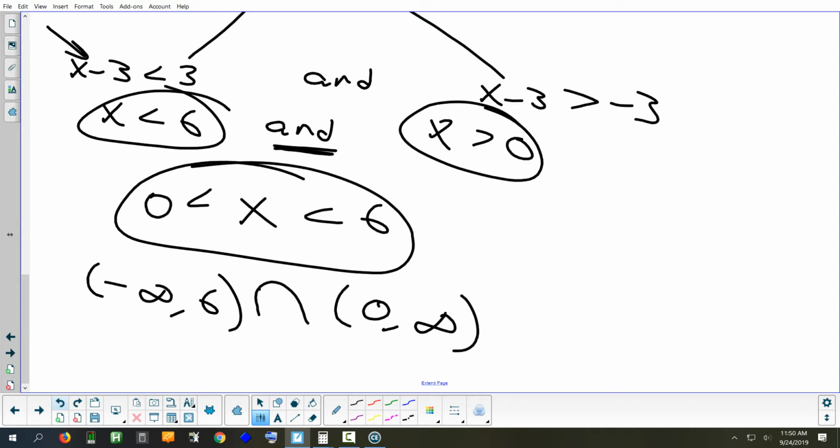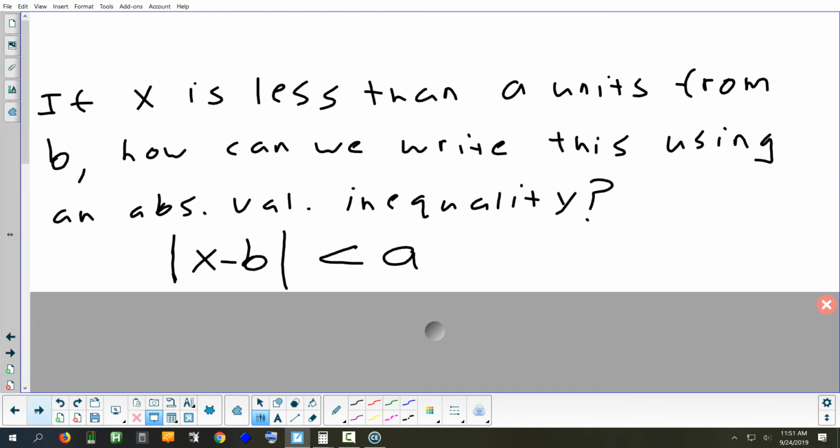That's exactly the same answer, but we're sticking with and or. We've done the union symbol when we do some intervals, but for this stuff, I just want you to stick with and or.